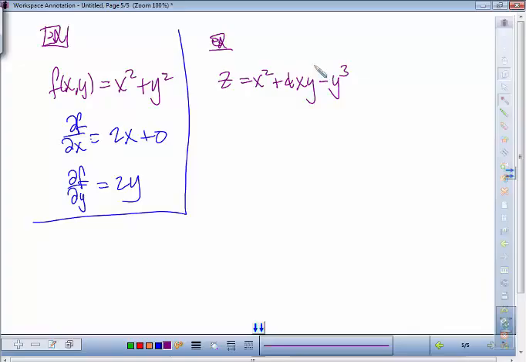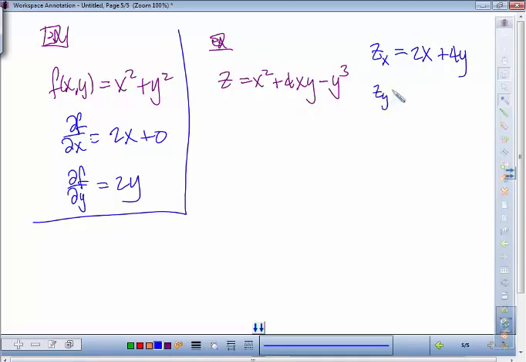So this time I'll change the notation a little bit. I'll have z is equal to this thing, and I want to find zx. Partial of z with respect to x. What's this going to be? 2x plus what? 4y. And then this is a constant, so that's done.